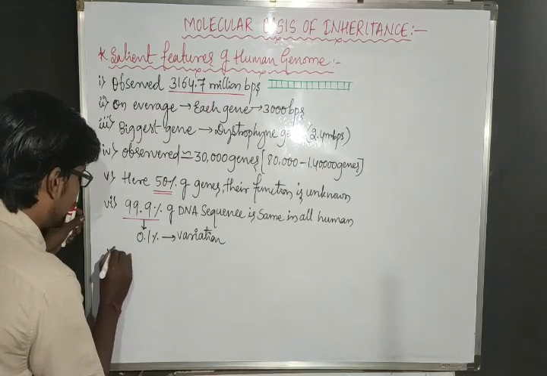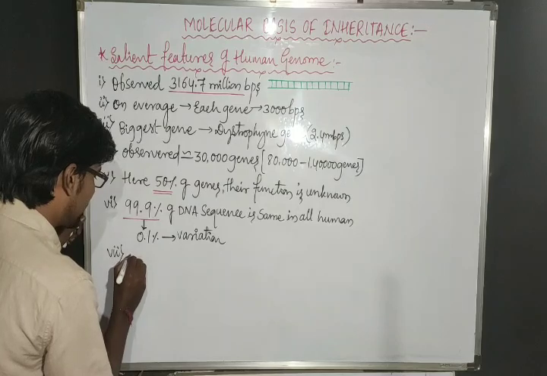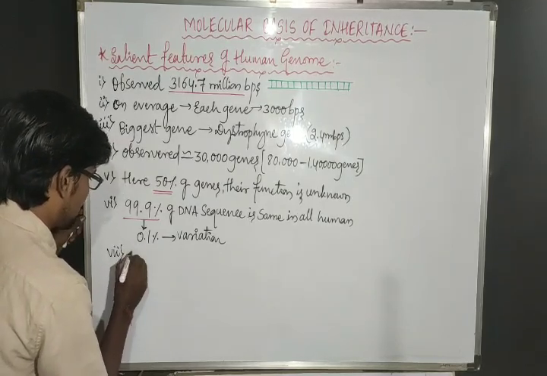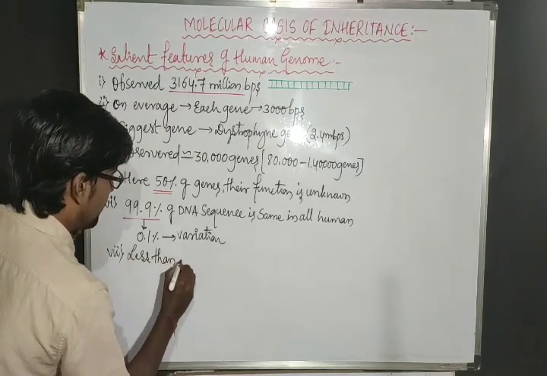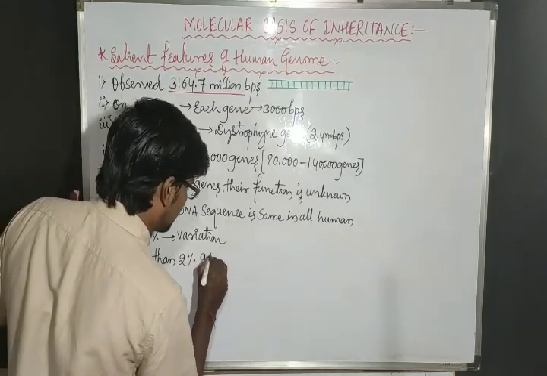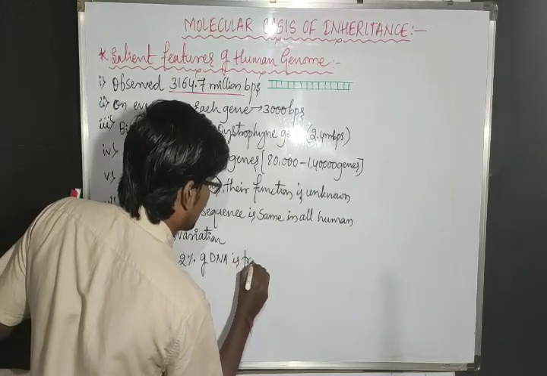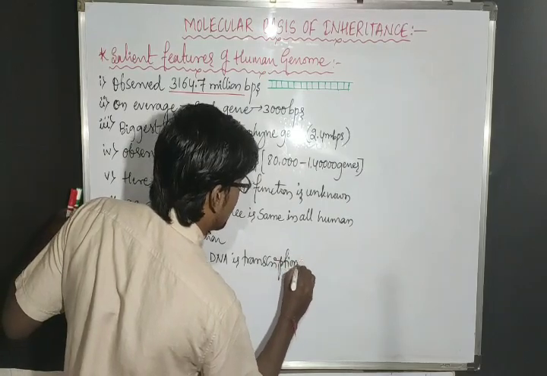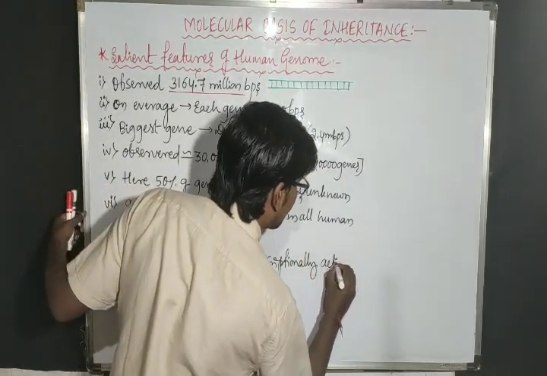Next, what they observed is that in this total DNA, less than 2% of DNA is transcriptionally active.